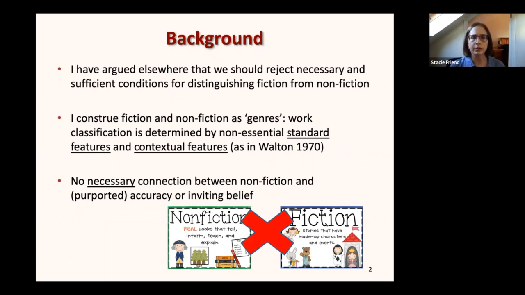Standard features are just features that are typical of works in a category and thus tend to place works in that category, and contextual features include such characteristics as being intended by the author as fiction or nonfiction, or being acceptable in the current practice as fiction or nonfiction. Here I apply the ideas from Kendall Walton's categories of art to fiction and nonfiction. The details of the view aren't going to matter for present purposes. The important point is that on my view, there's no necessary connection between nonfiction and even purported accuracy or the invitation to believe something.